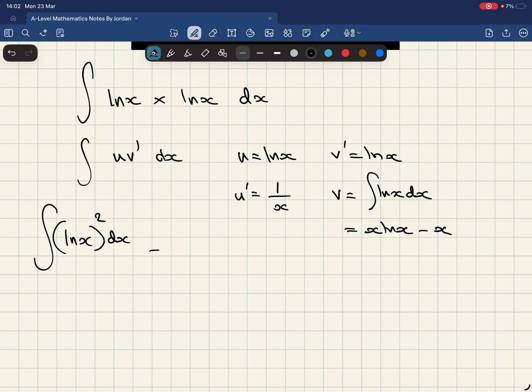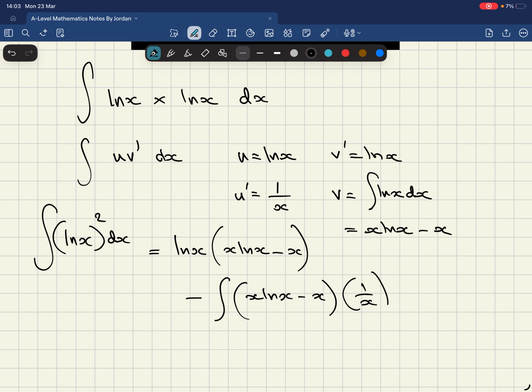We'll go to, firstly, uv. So that's ln x times x ln x minus x. Take away the integral of v u dash. This is v, and u dash is 1 over x.